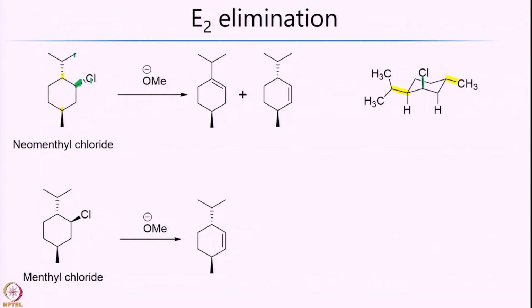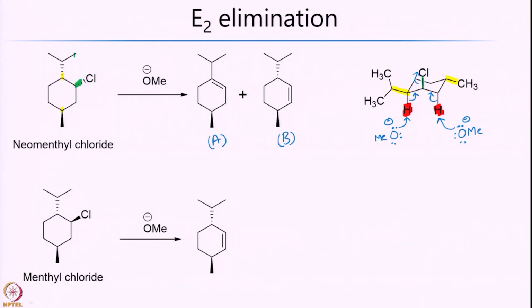Now once we have this, what we can observe is the following. If I now highlight these two hydrogens here, the incoming base, the OMe, can come and pluck one of these protons, and this bond would move here, and then the chlorine atom would leave, giving rise to the product, which is this, the B product, and let us say we call this A. Whereas an equally likely possibility is that the OMe minus would attack this hydrogen, and again this would shift this bond here, and then the chlorine atom would leave.